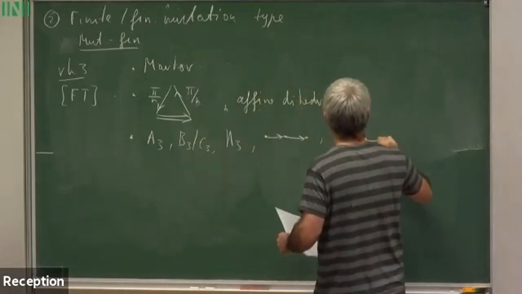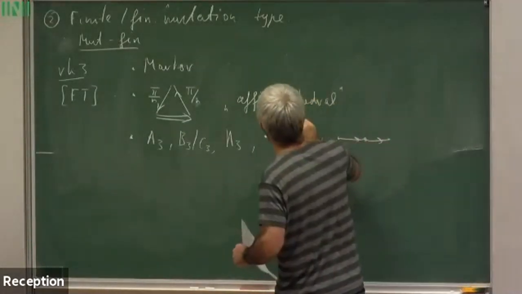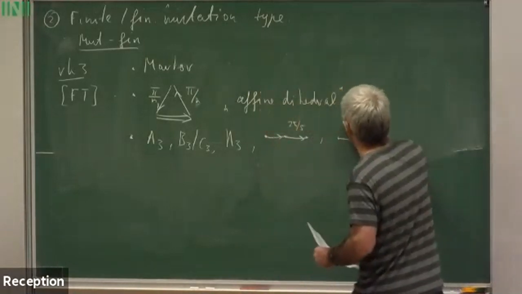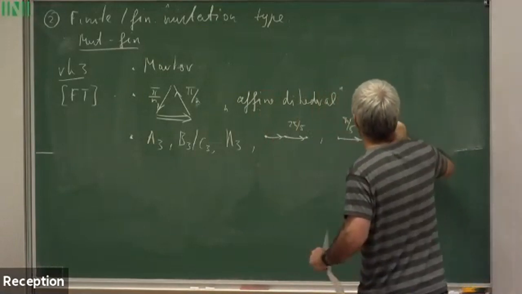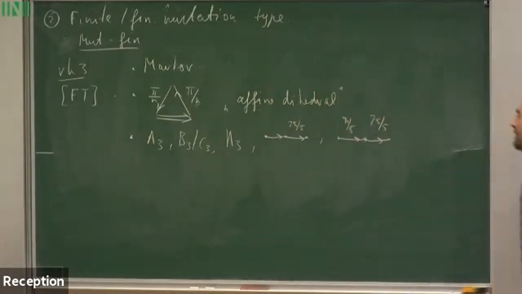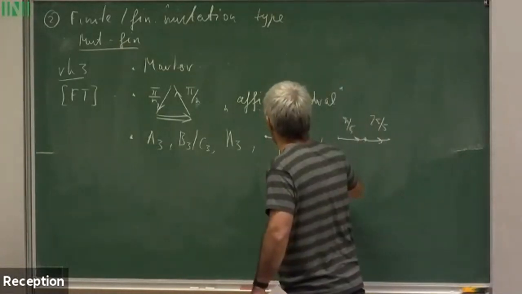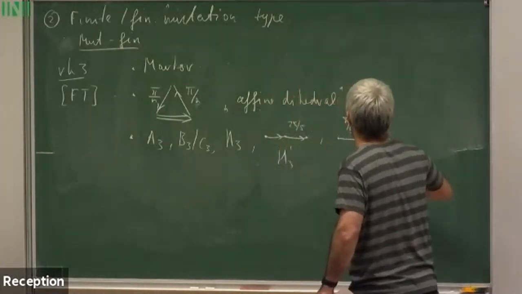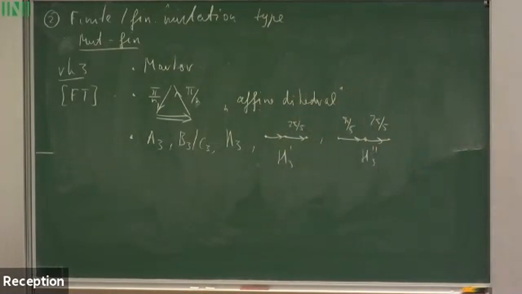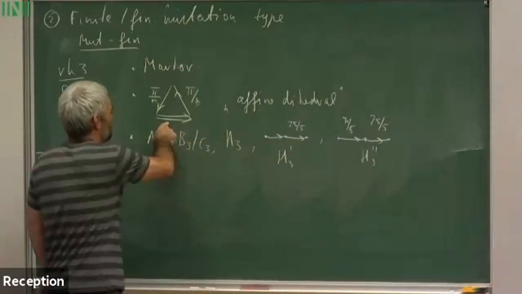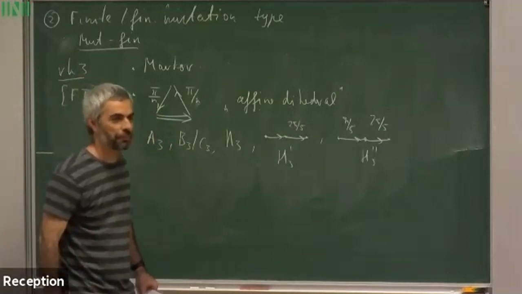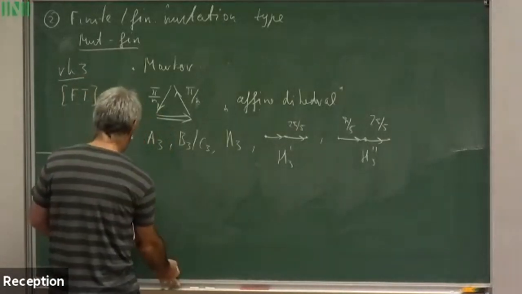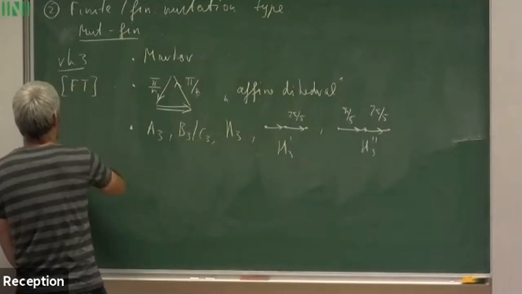H3: here we have 2 pi over 5, and here we have pi over 5 and pi over 4. Let me write H' prime, and this is H. This big arrow is a double arrow. Okay, this is a quiver. So this is in rank 3, and this can be extended.